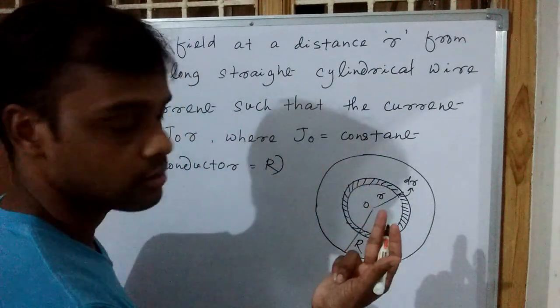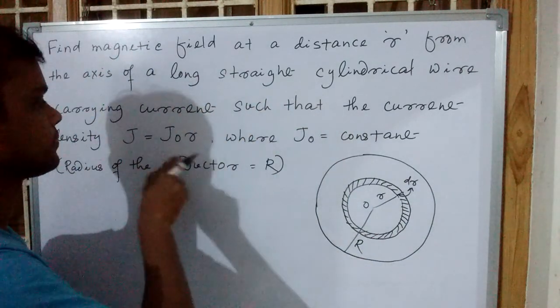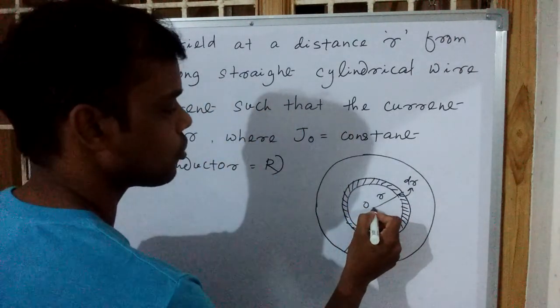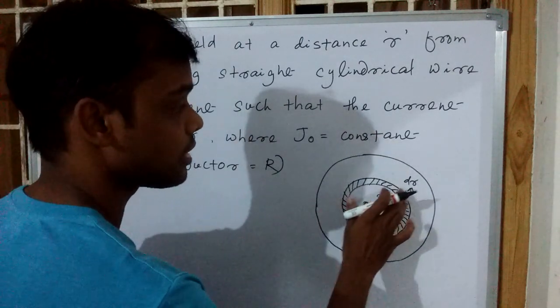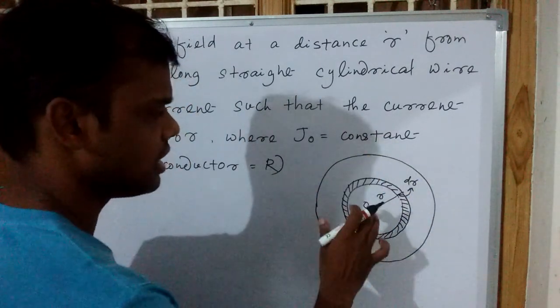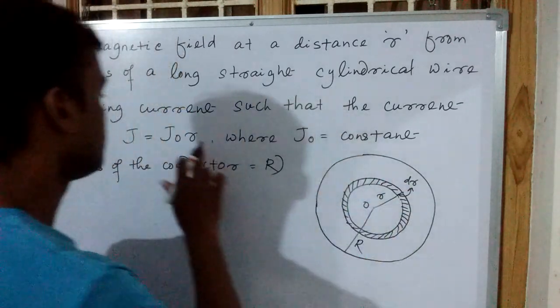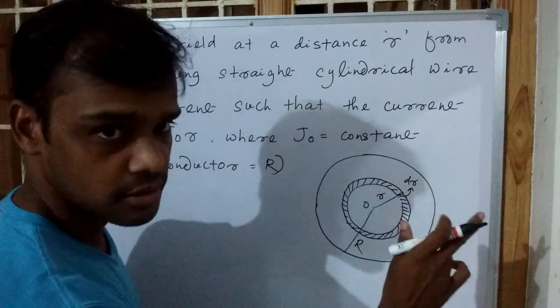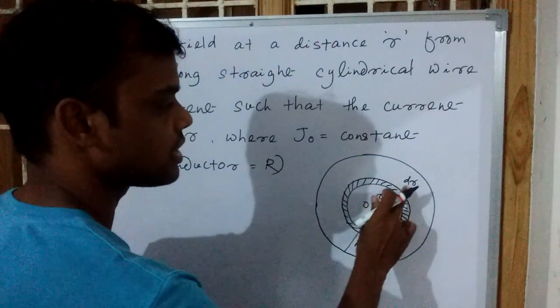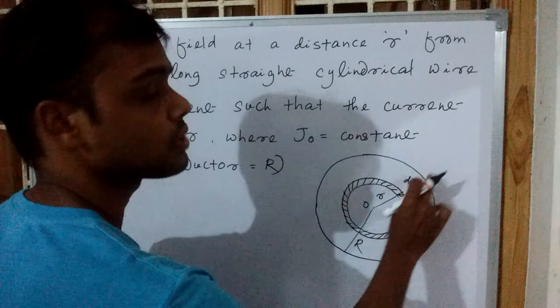It should be constant, but in this question it is not constant. Rather, if you go from center to circumference, the current density will gradually increase. If it increases in this manner, then current also increases. If current keeps on increasing, then magnetic field also keeps on increasing.